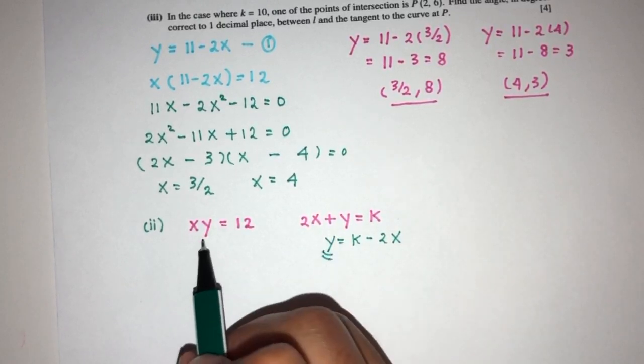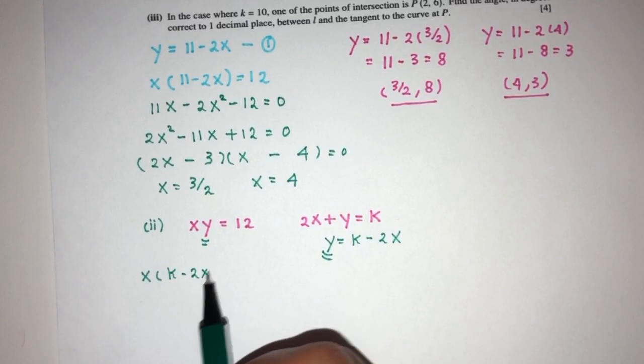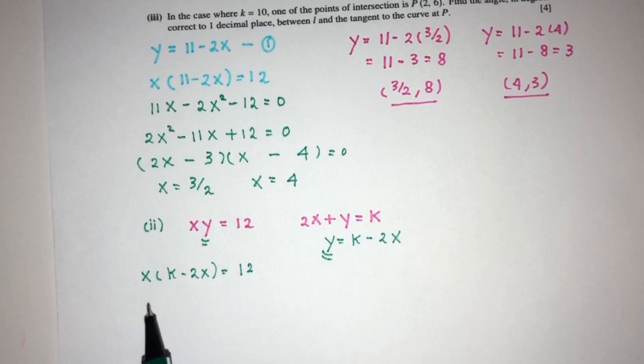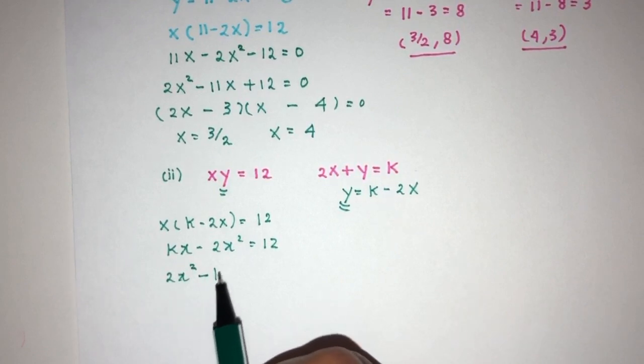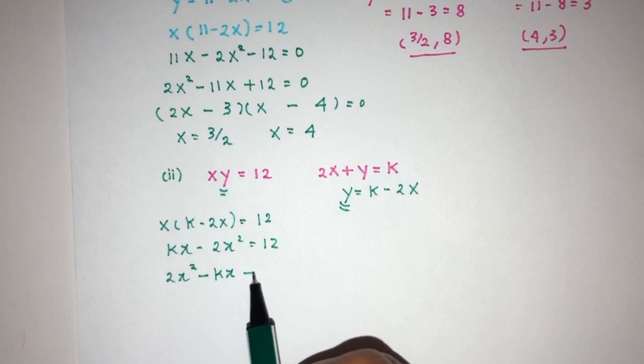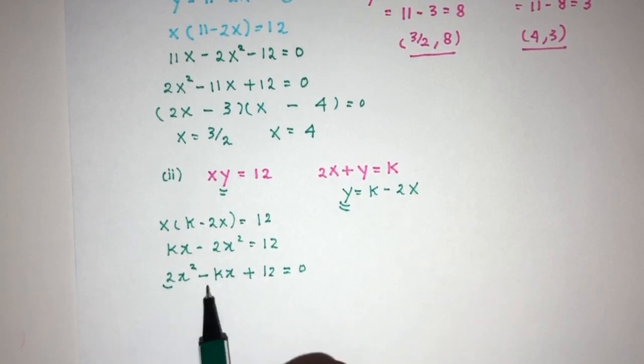Replace back in this one, you will have x times (k minus 2x) has to be 12. So kx minus 2x squared has to be 12. So 2x squared minus kx plus 12 has to be 0. This gives my values of a, b, and c.